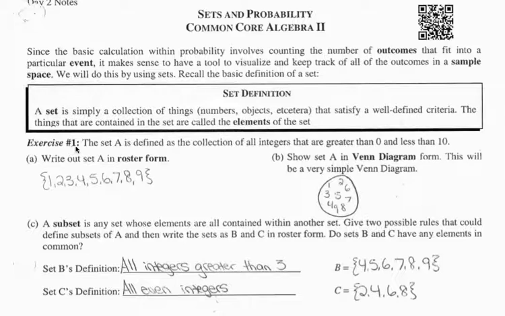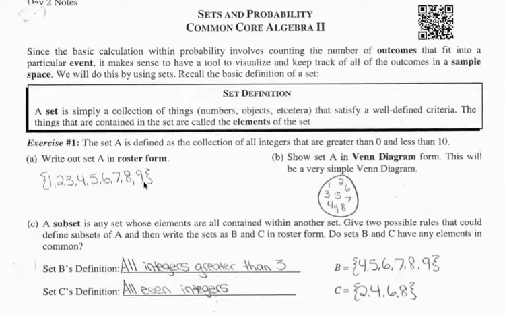So with exercise number 1, the set A is defined as the collection of all integers that are greater than 0 and less than 10. So we're going to write out what set A is in roster form. That means we're going to be using set notation. You'll notice the little brace, our squiggly brace, and then we're going to list out all the integers between 0 and 10.